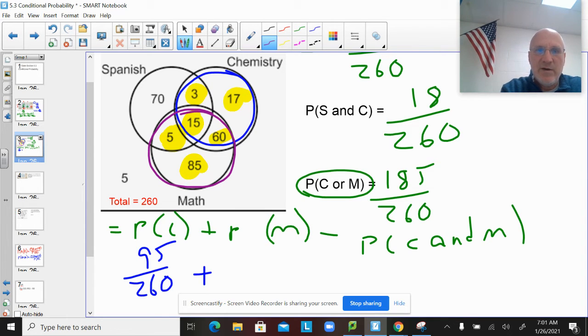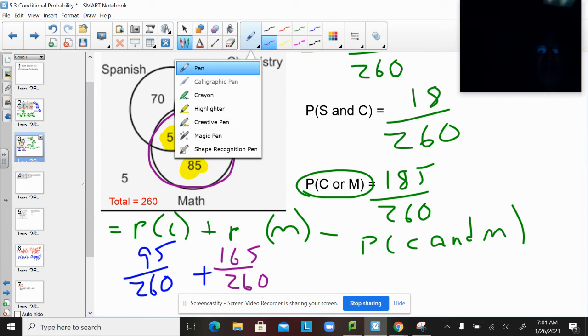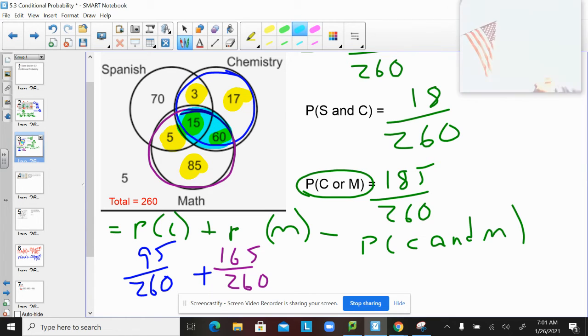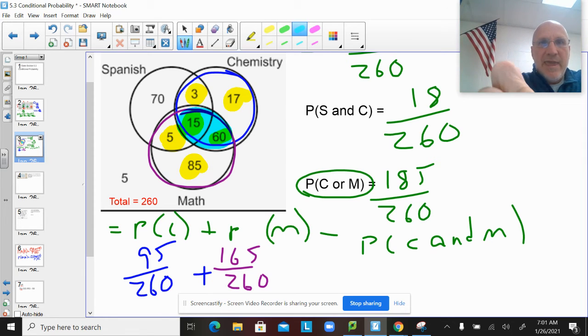That's 20, 80, 165 out of 260. Again, if I just add up those two, I want you to see that I would have double counted the overlap there in the middle, which I don't want to do, which is why I have to subtract it. And I subtract the overlap, and the overlap is, what's that, 75 out of 260?